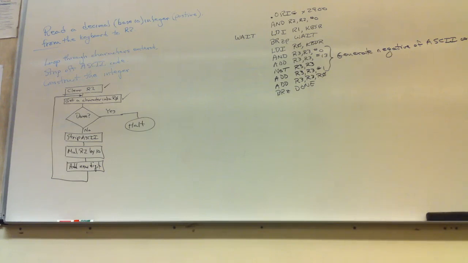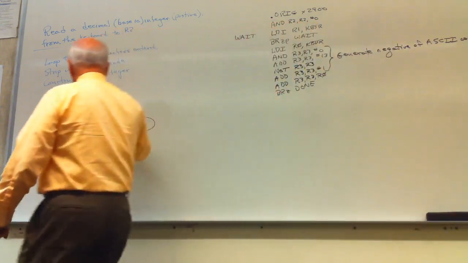I'm getting close to the capacity. The biggest number you can put in there in immediate mode is 15, so you can't go much beyond that. Okay. So that's how I'm going to check to see if I'm done.